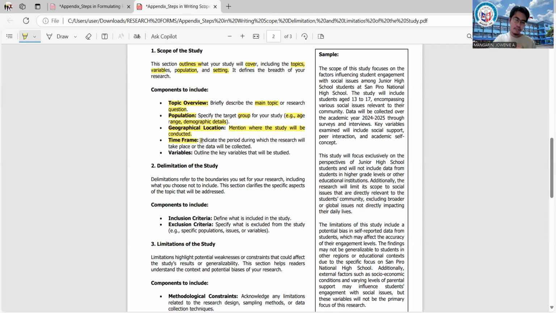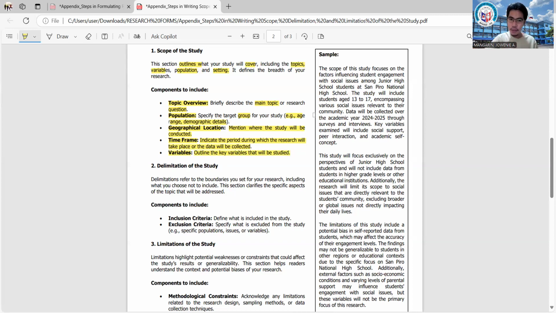Gaano natin katagal ginawa yung ating study. Ito ba ay nag-take ng isang semester, ng isang school year, or ng ilang taon bago natin natapos yung paper natin. And another thing is that yung mga variables na present sa paper natin, no? Technically, ang kailangan ninyong maging pattern sa mga variables na ilalagay dyan is kung ano yung inyong research title.